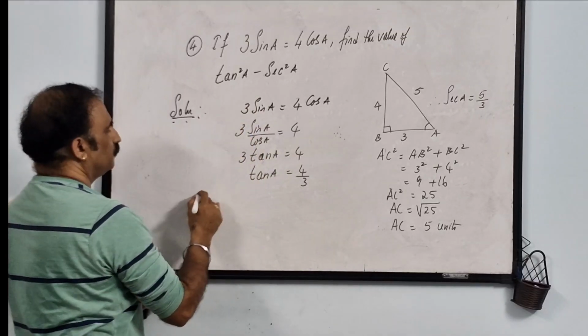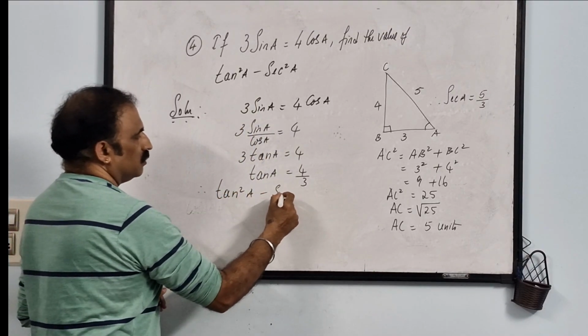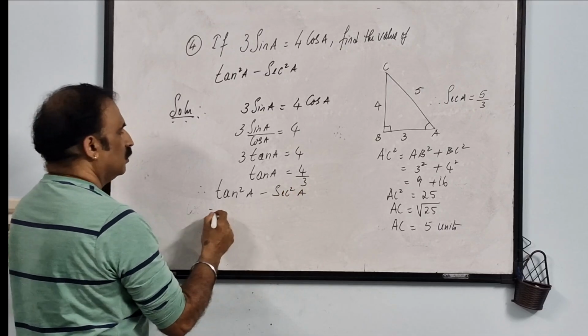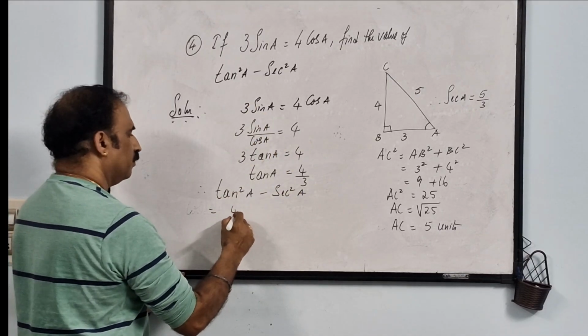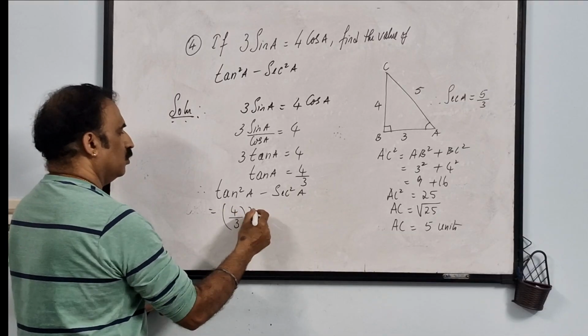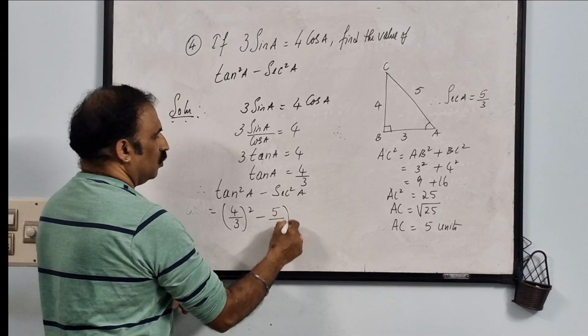Now to the problem. Tan square A minus secant square A is, so tan A value, that is tan A is equal to 4 by 3 whole square, minus secant A value, that is 5 by 3 whole square.